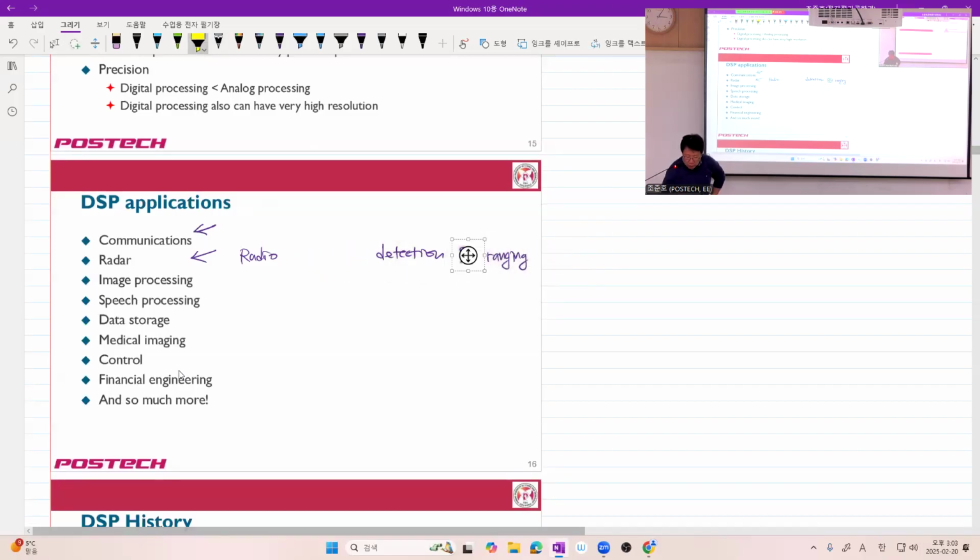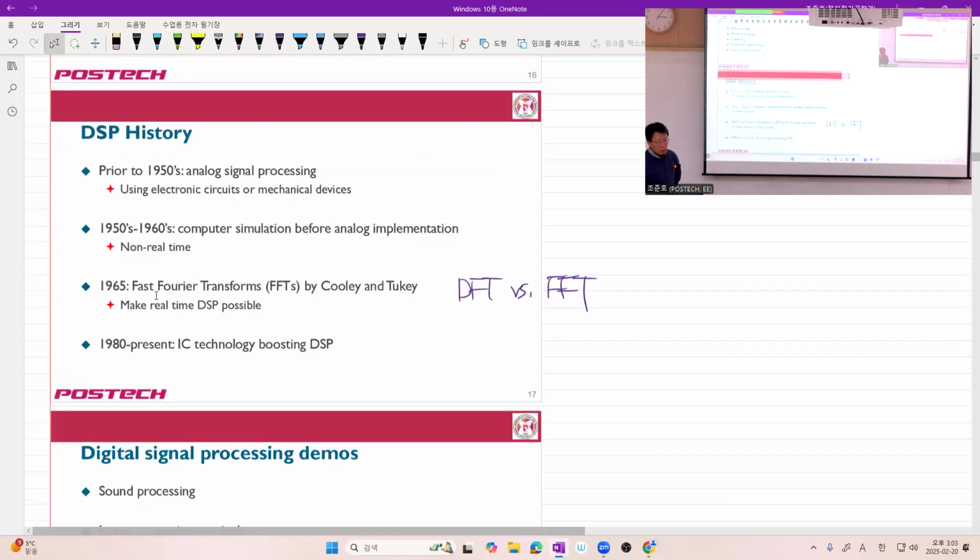Anyway, you know that, right? And also image processing, speech processing, as I told you, and data storage, medical imaging, medical video these days, and of course control, financial engineering, and so much more. Got it? So it's important. That's what I want to say.